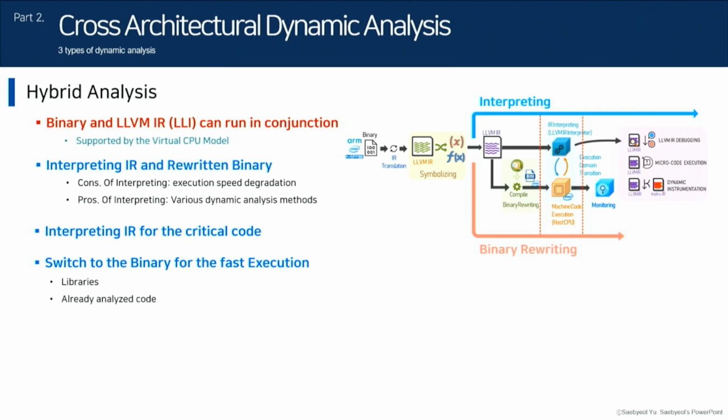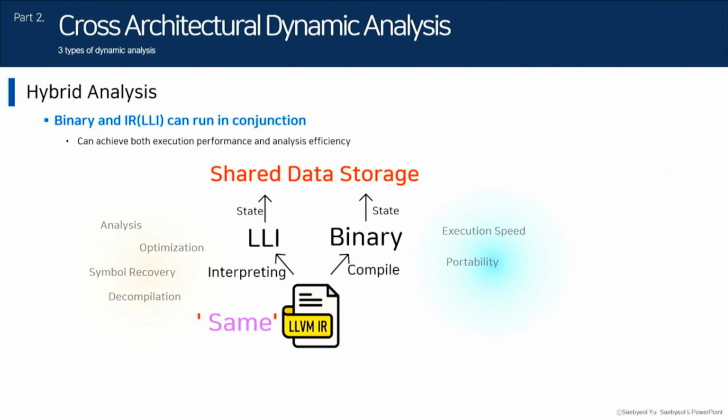Firstly, as both utilize the same LLVM IR, the code and data remain consistent in the execution address space. Secondly, the use of the virtual CPU model made it possible to pass execution results from one execution domain to the next. In other words, the preservation of execution context was made possible through the virtual CPU.